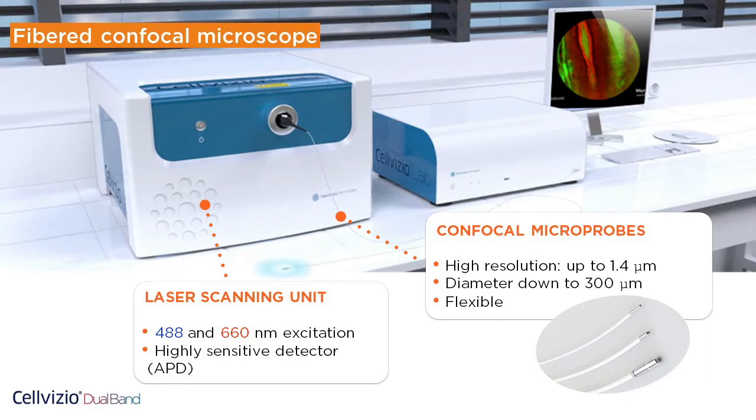The confocal microprobe, so the bundle of optical fibers, is connected to this laser scanning unit, and you have a different range of confocal microprobes depending on your tissue of interest. These confocal microprobes are flexible, so you can combine them with an endoscope or use them in combination with needles or catheters to have a minimally invasive access to the tissue of interest.